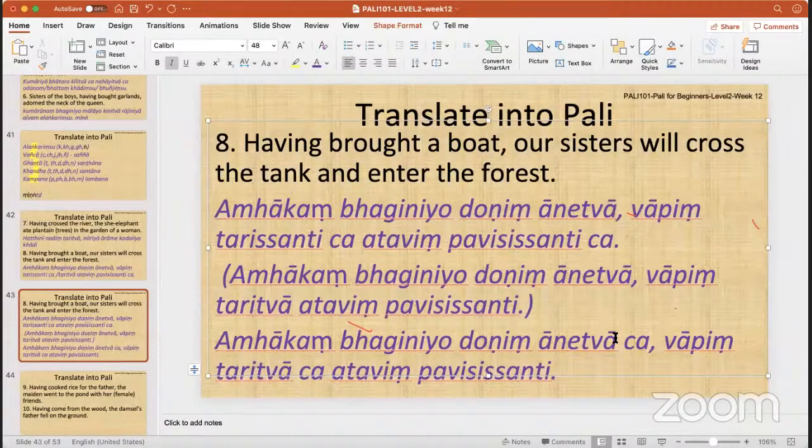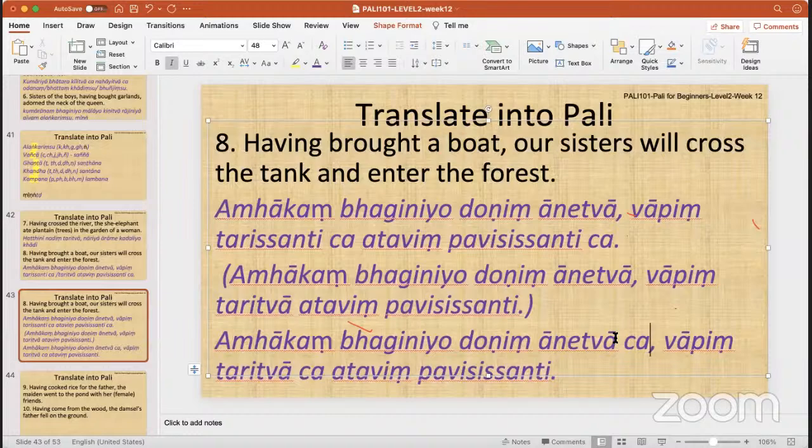Okay. So all the chas have to be on the same what? Case or tense, right? So when we use cha, they have to be on the same tense or on the same case.